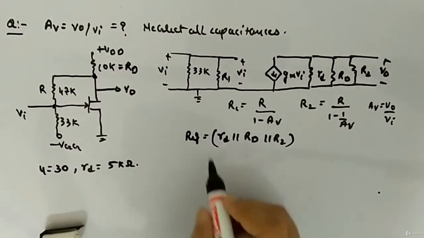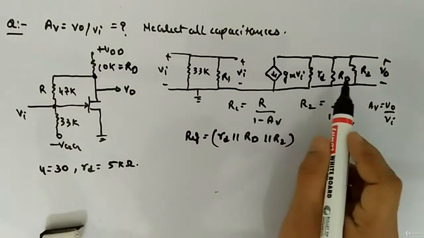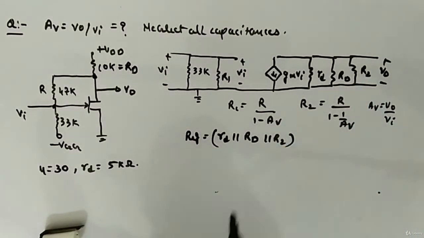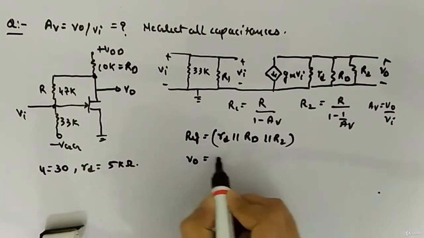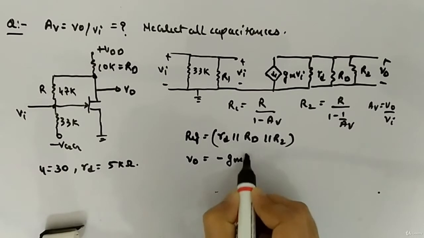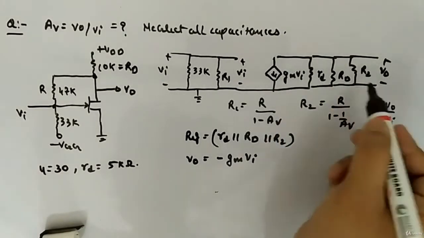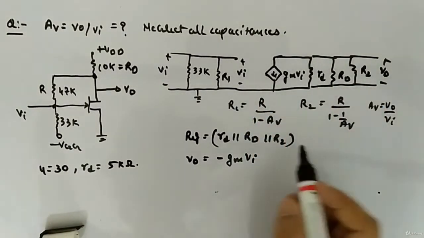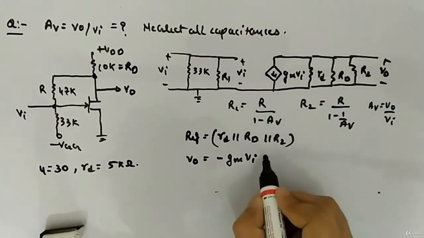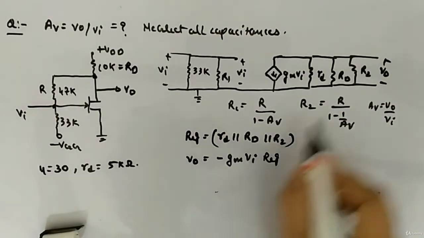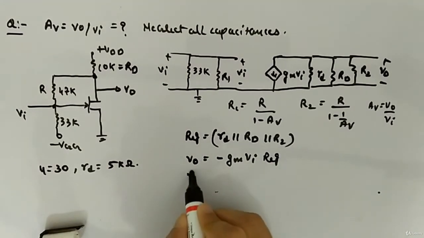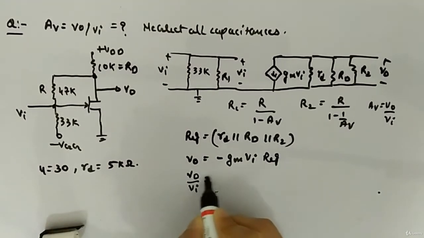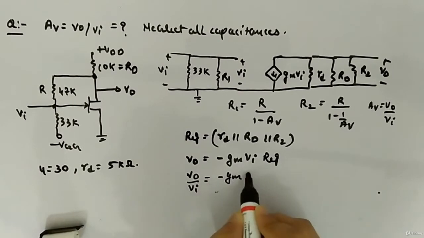So what will be my V naught? V naught will be minus gm Vi, the current in the opposite direction, times the resistance R equivalent, which gives the voltage. So directly V naught by Vi will be minus gm R equivalent.